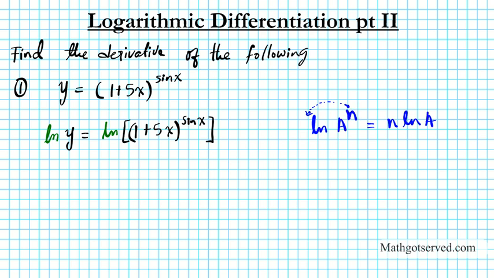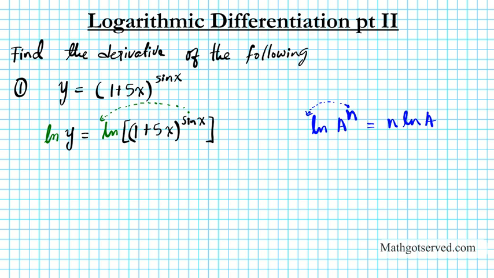So the power can come down. So that's what we're going to do here. This power, sine x, can be brought down to the front of this natural logarithm, using this power property of natural logarithms.